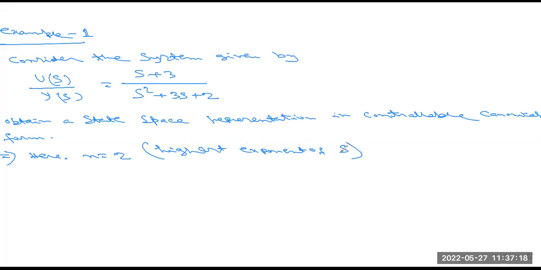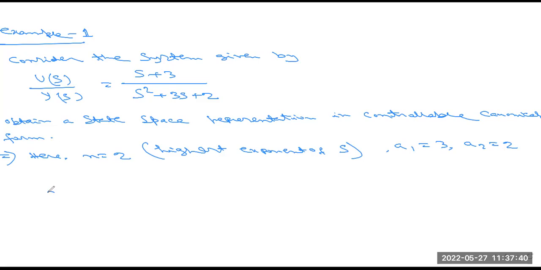So that's why we have written here a1 is 3 and the other one is 2, that is a1 and a2. Okay. Now we have to consider these equations in our state space model in the matrix form.